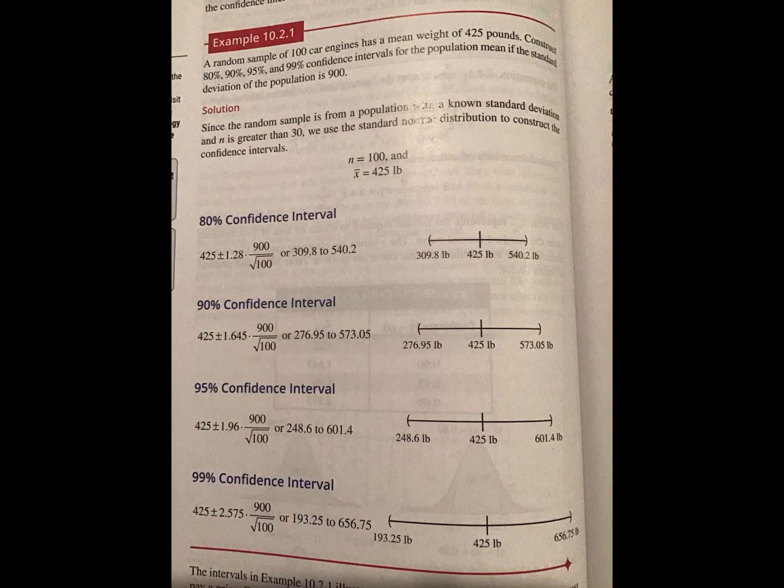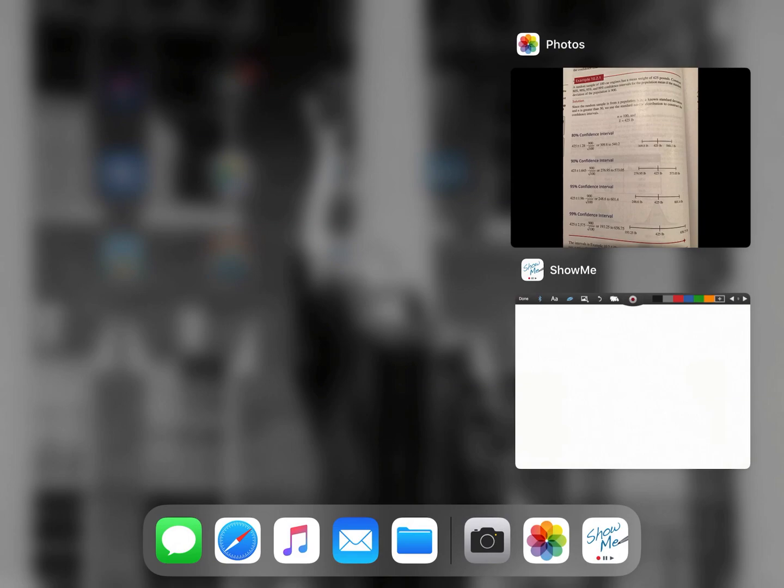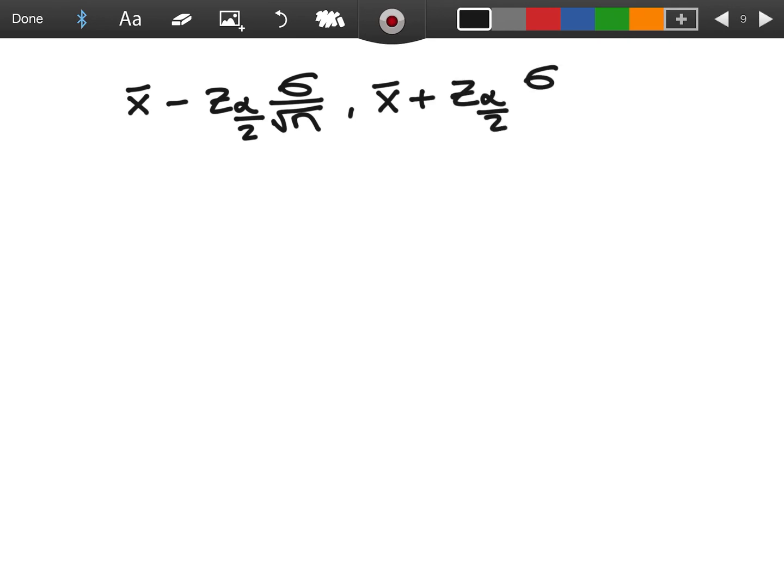So if you remember our formula for our intervals, it's x bar minus this z value that we need to find out, multiplied by the standard deviation of the population over the square root of the sample size. And then you're going to do the same, but this time you're going to add them, and that will give you your upper bound. So this is your lower bound, this is your upper bound, okay?